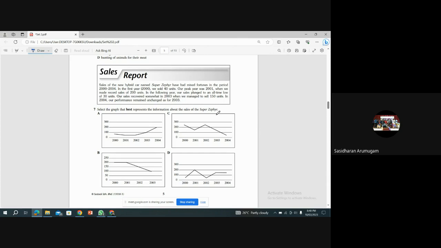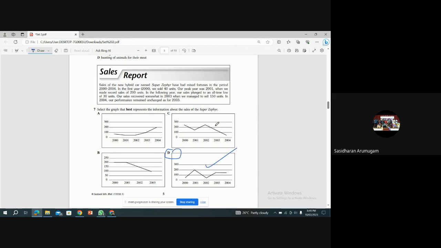And then the following year, low as 30, balik kepada 30, and then maintain. So I sudah nampak answer dia. Which one is the answer? D.